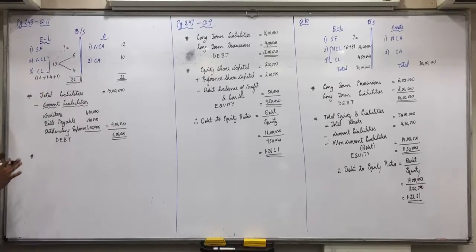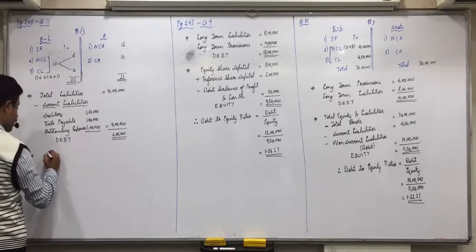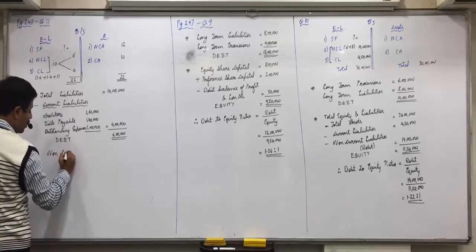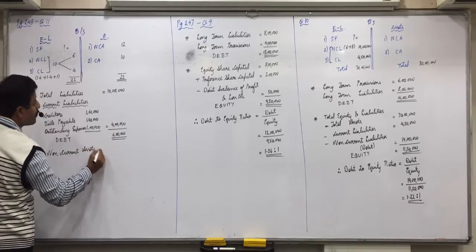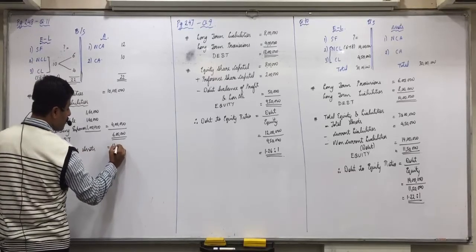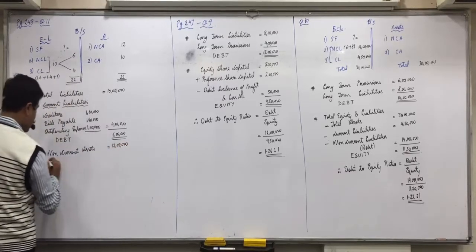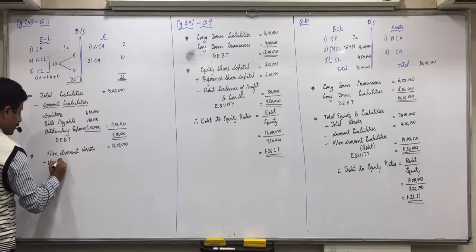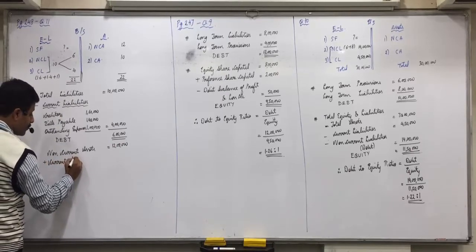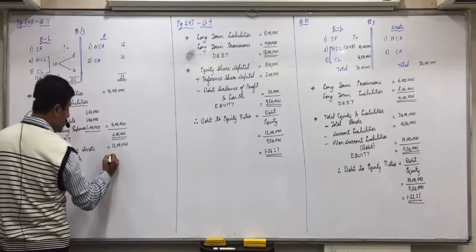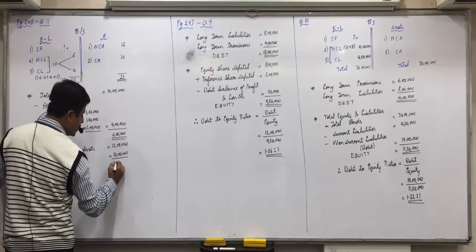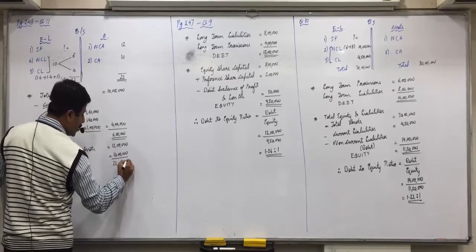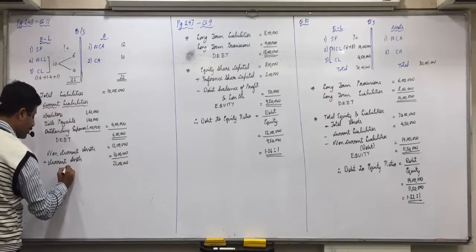And regarding equity, non-current assets and current assets will give you total assets. Non-current assets 12 lakhs plus current assets 10 lakhs. So total assets 22 lakhs.